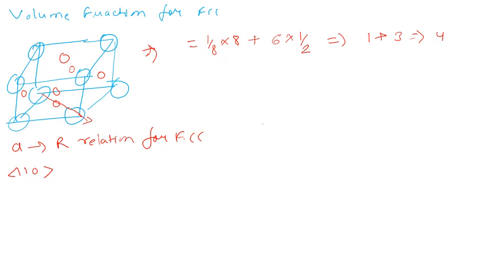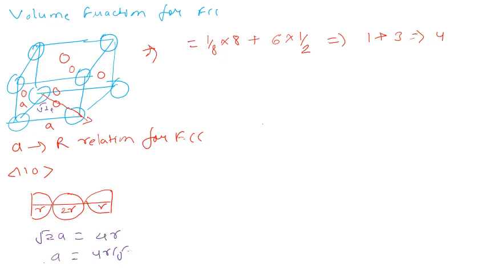In this direction the atoms are touching each other. Again, this is 2r, this is single r, this is single r, and the length of this is a, this is a. So this is root 2a. So root 2a is equal to 4r. So a is equal to 4r by root 2.